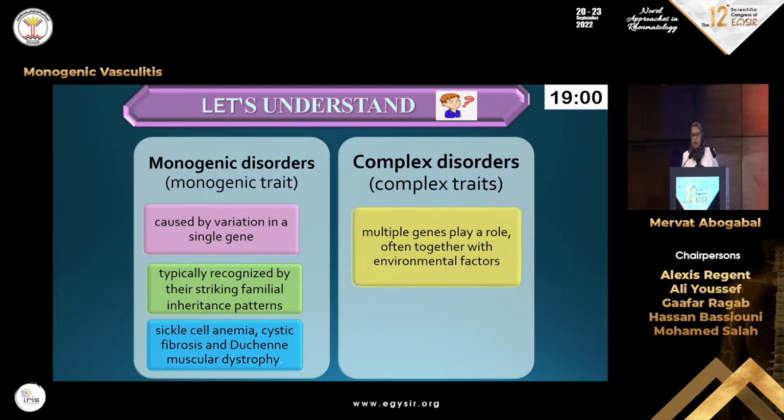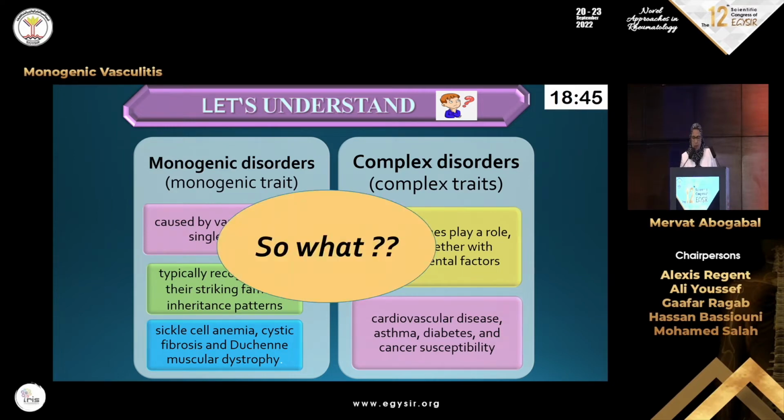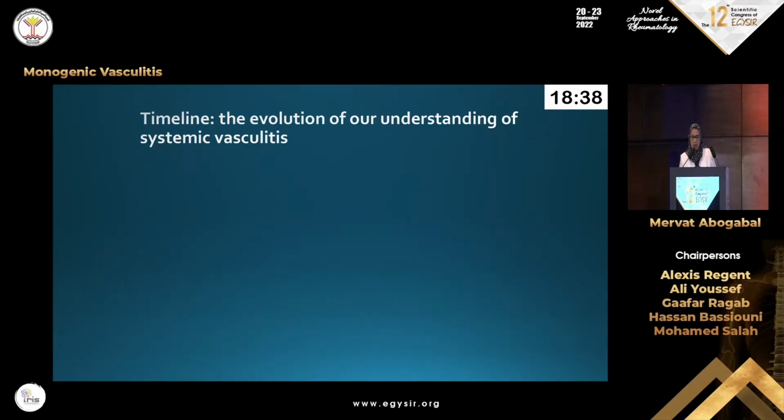On the other hand, complex disorder requires multiple gene variants to produce its phenotype after interacting with environmental factors, like in cardiovascular disease, asthma, diabetes, and cancer susceptibility. So what? The answer to this question will be postponed till I talk about monogenic vasculitis.